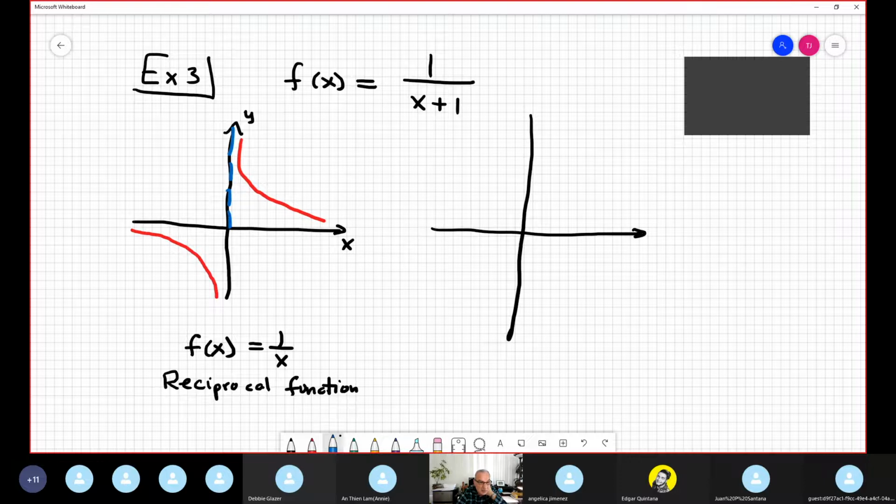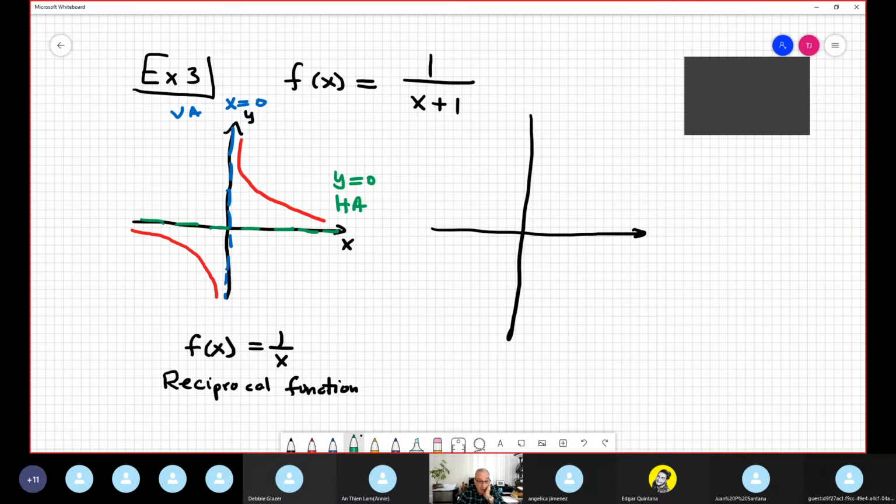Vertical asymptote at x equals 0, and one horizontal asymptote at y equals 0. Normal, no? Because degree of the expression on the top is 0 because it's a constant, degree of the denominator is 1, it's linear. So it's special in which the horizontal asymptote exists at y equals 0.